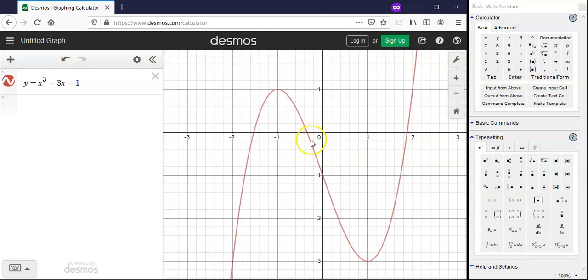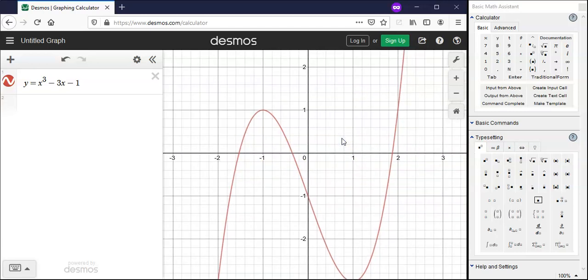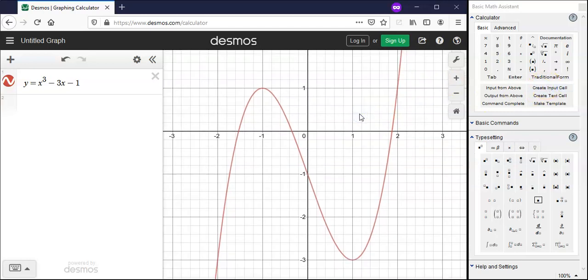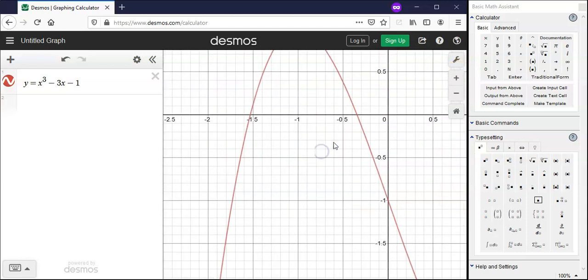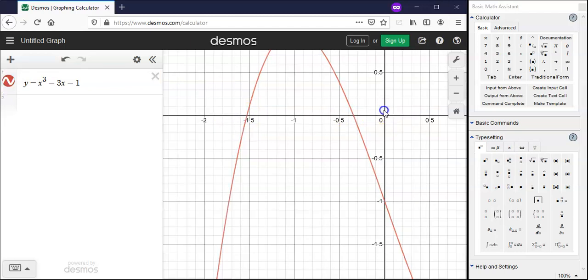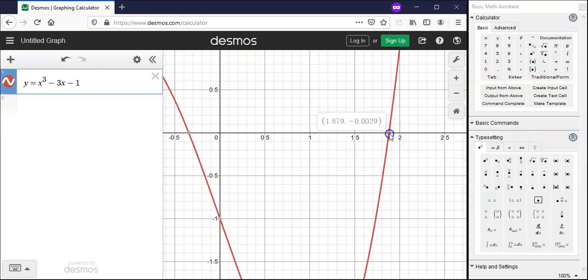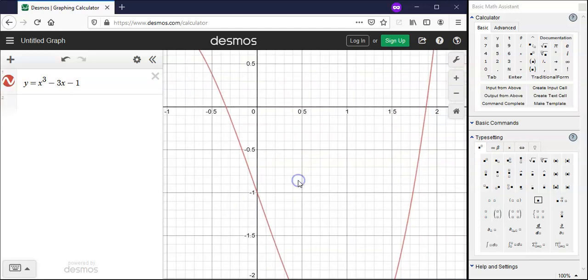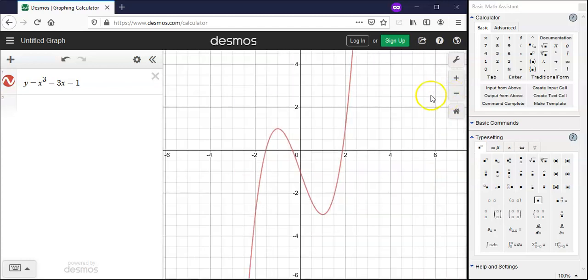It's here, and then the other two are over there. But as a matter of fact, Desmos Graphing Calculator is so good that I don't really have to zoom in, zoom in, zoom in. All I have to do is move my mouse and click a nearby point, and it gives me the value. So either way, it'll work out.